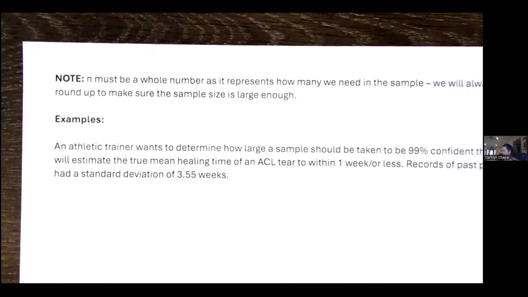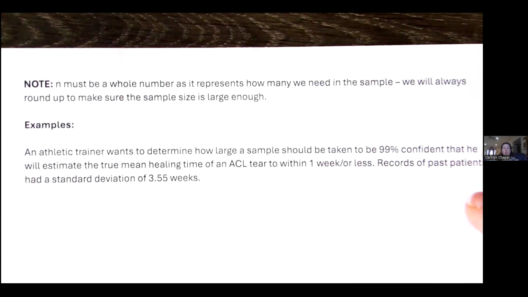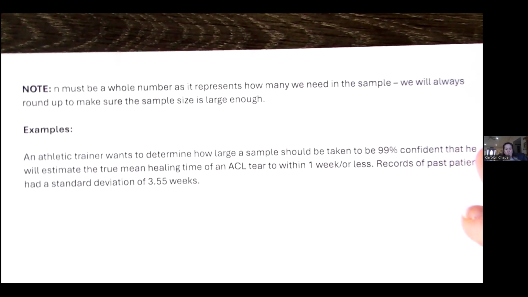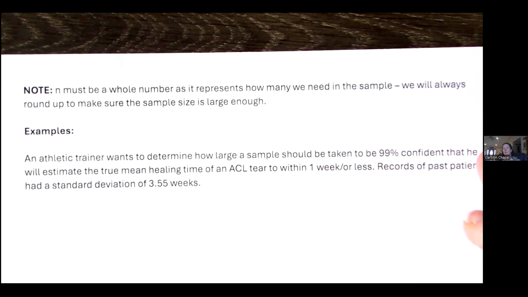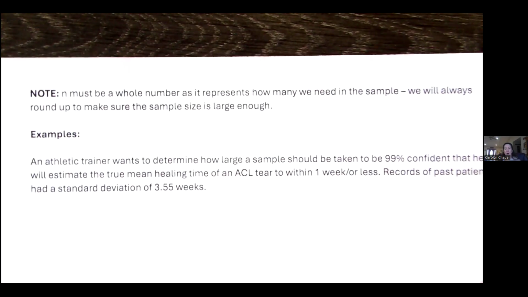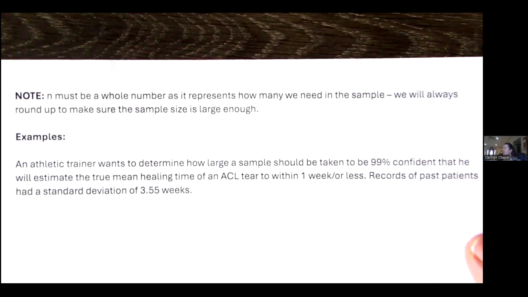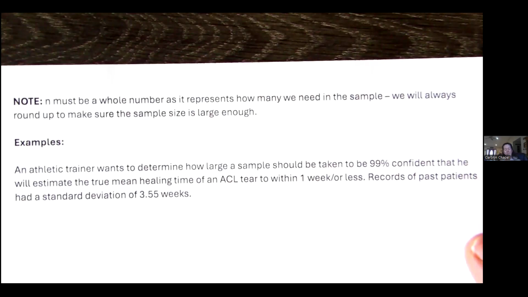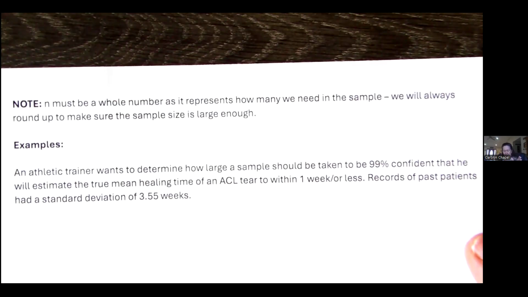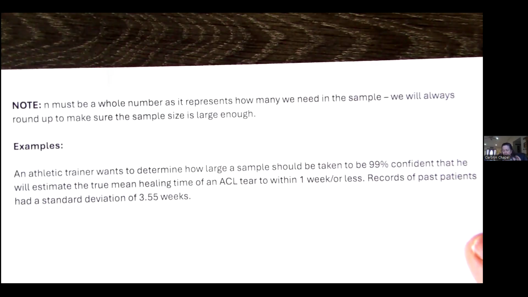So note N represents a sample size, like the number of things we have to calculate. That has to be a whole number. To make sure we get what we want, we will always round up. Even if rounding rules tell me to round down, I want to make sure I get the margin of error, the accuracy, and the confidence that I want.